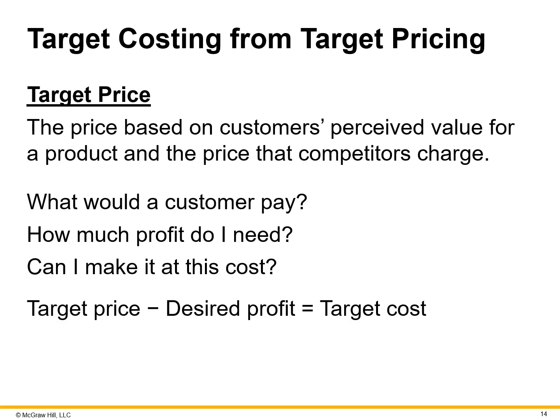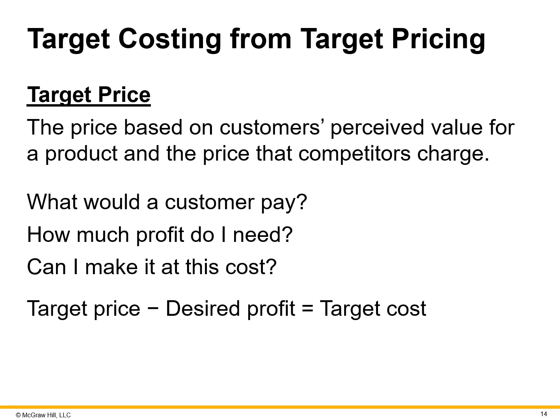So they look at cost first and then set the price. Target pricing, however, takes the opposite approach, where they look to see what the market considers an item might be worth, and then they work backwards. They figure out how to make those costs fit within a certain range, and that's called target costing.